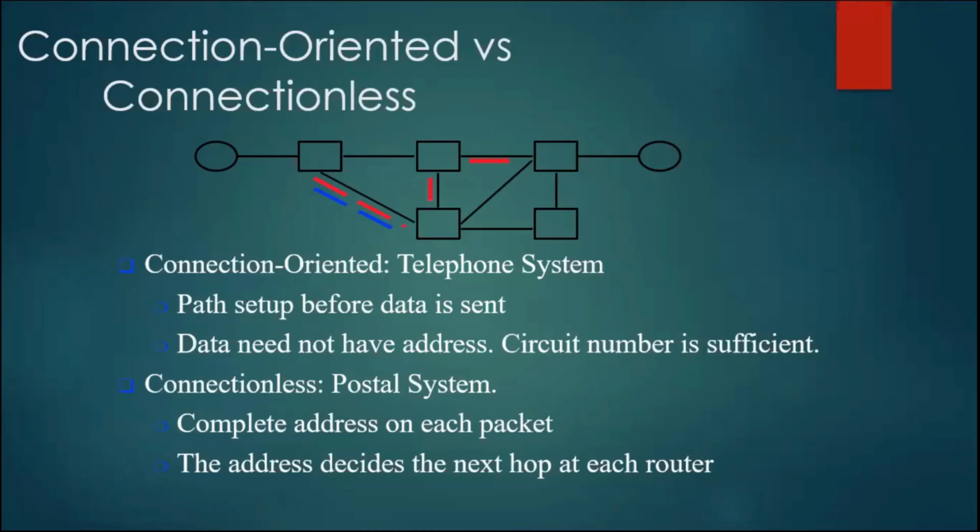It automatically decides whether to go to this route or that route, whichever is easier, and that's pretty much it. If you drop a letter in the post box, you will not tell it to go to this particular post office and from there to there. That's how the connection-based system also works.